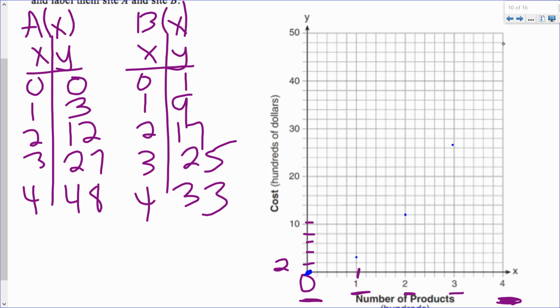That would be the box under 50. And we don't draw arrows into the axis, but we do draw arrows if it's going not into an axis. So that's A of X.